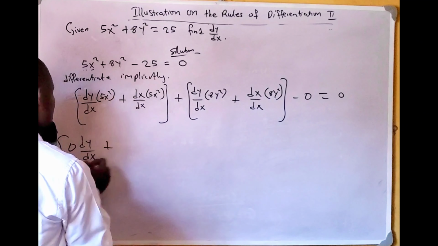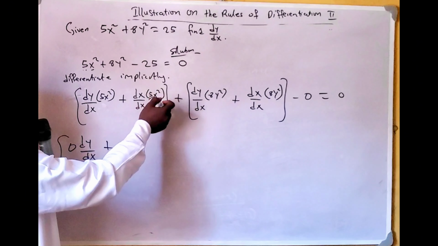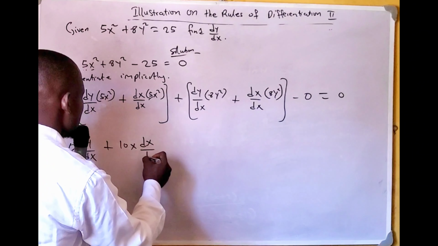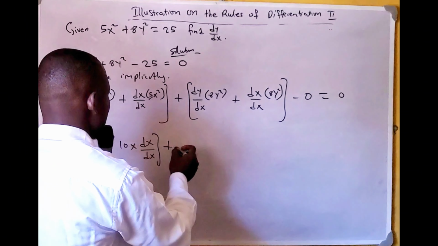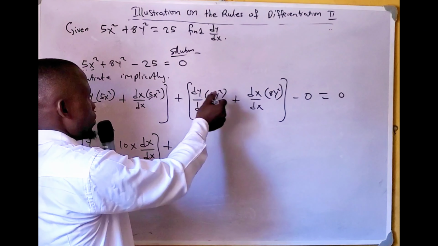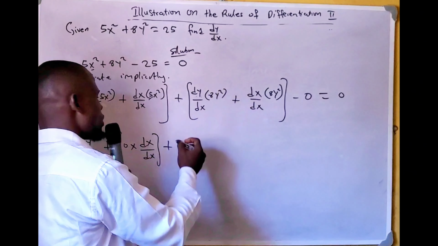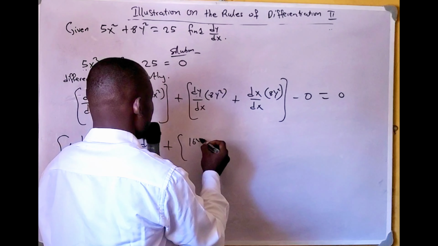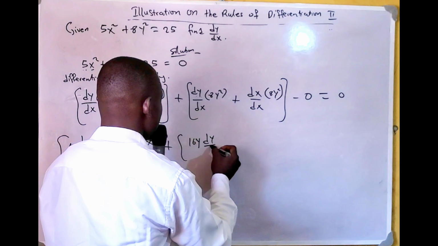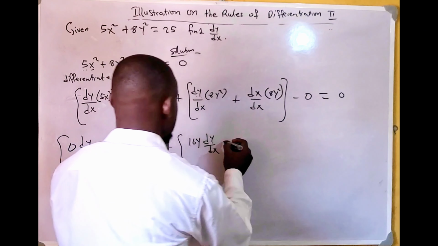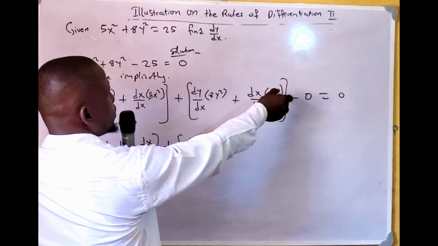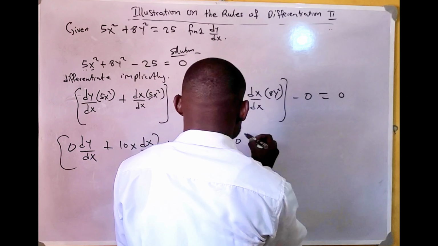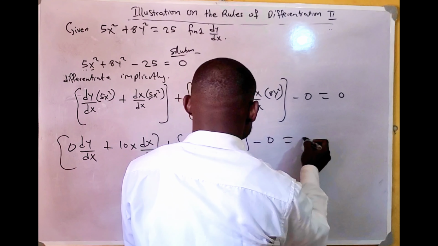Plus here, there is x, so we can find the derivative, which is 10x dx/dx. Here we have y, so we can find the derivative. This will be 16y dy/dy, plus, now there's no x there, so we treat that also as a constant, plus 0 minus 0 equals 0.